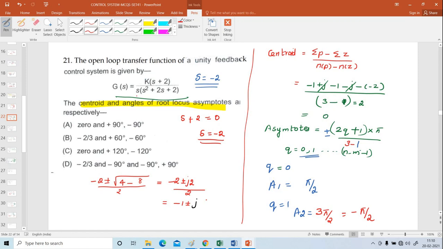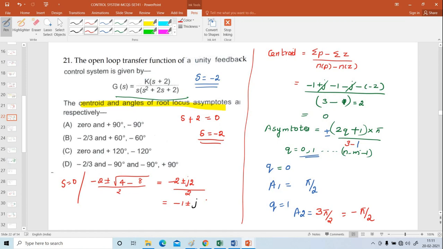And the denominator, how many poles? S is equal to 0 is one of the poles, and the remaining poles come from S square plus 2S plus 2 equal to 0. Here I have to use minus B plus or minus square root of B square minus 4AC by 2A: minus 2 plus or minus square root of 2 square minus 4 into A is 1, C is 2, 4 into 2, 8, divided by 2.